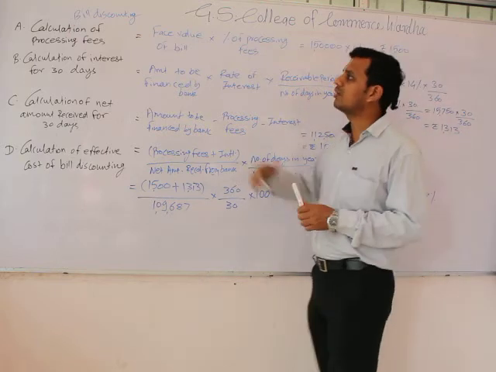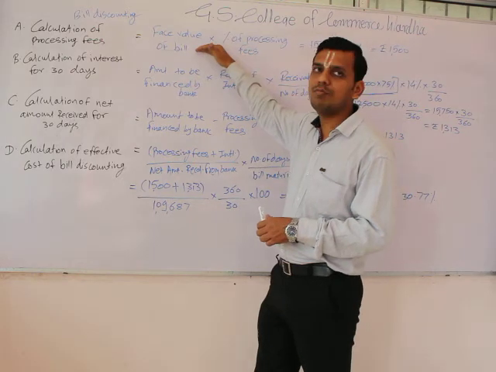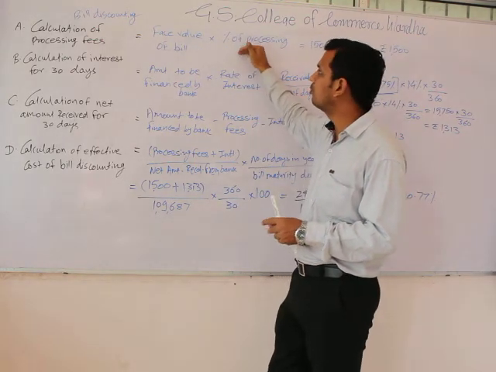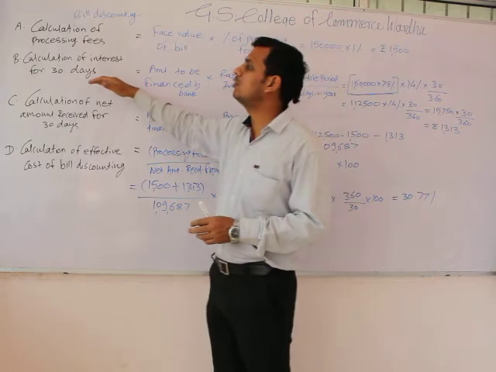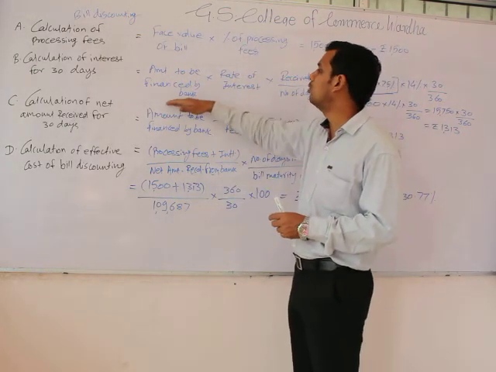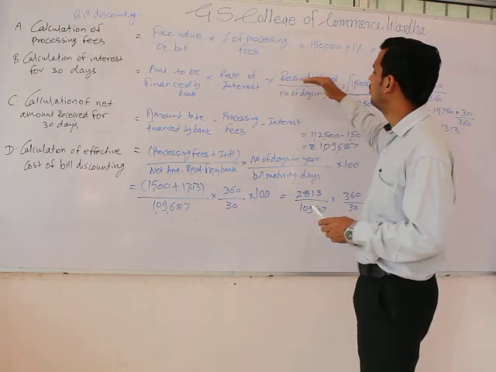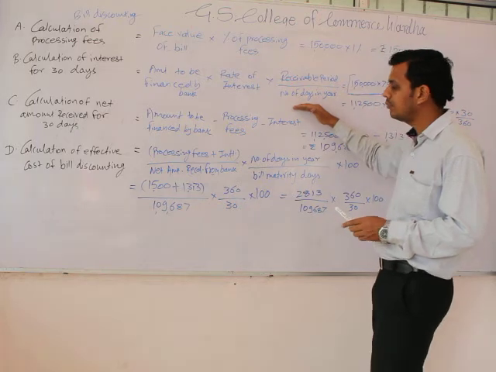What we have done, we have calculated processing fees: the formula is face value of bill multiplied by percentage of processing fees. Second was the calculation of interest for the particular credit period: amount to be financed by bank multiplied by rate of interest into receivable period divided by number of days in a year.